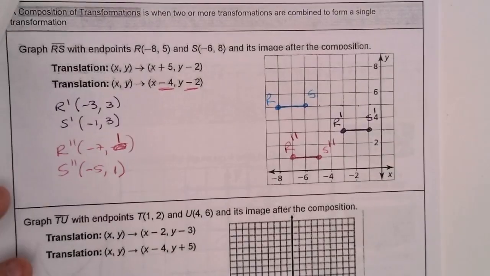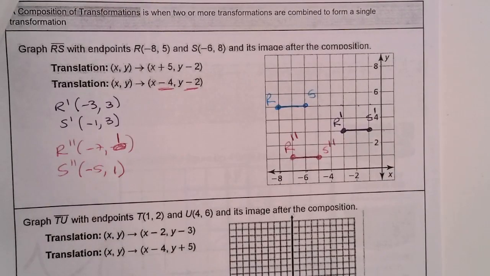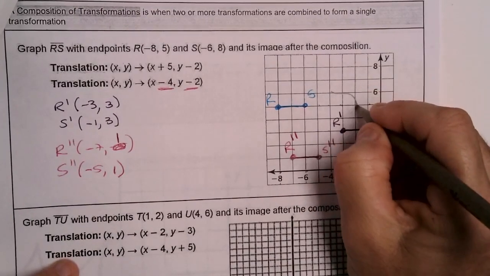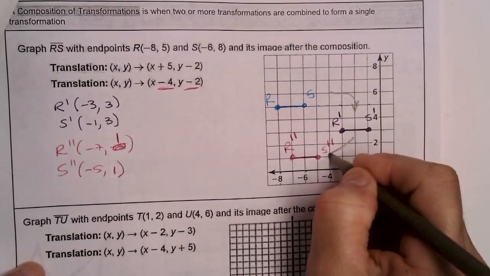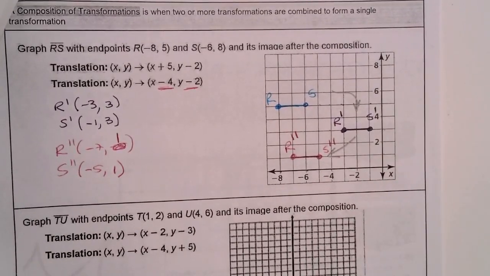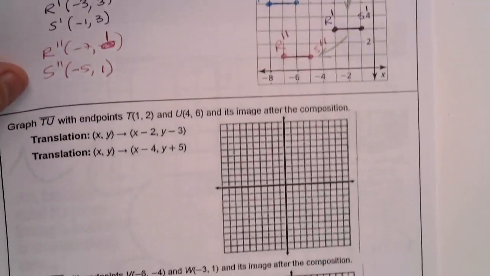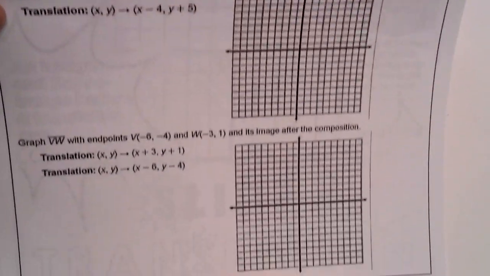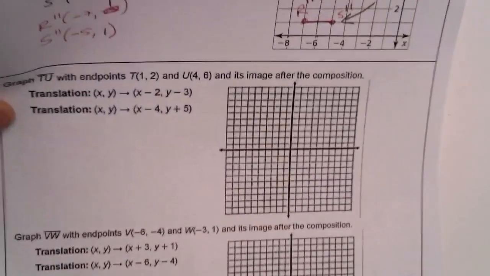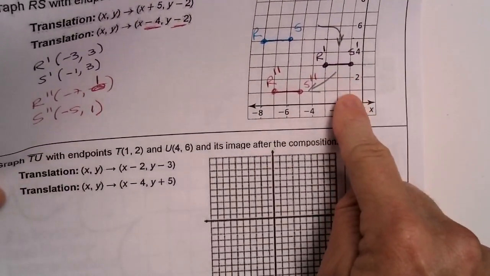So that's what you're doing. First transformation here, and then for the second transformation, we went this way. Now we have this one to try, and then this one to try. Remember to graph all 3, just like I have here.